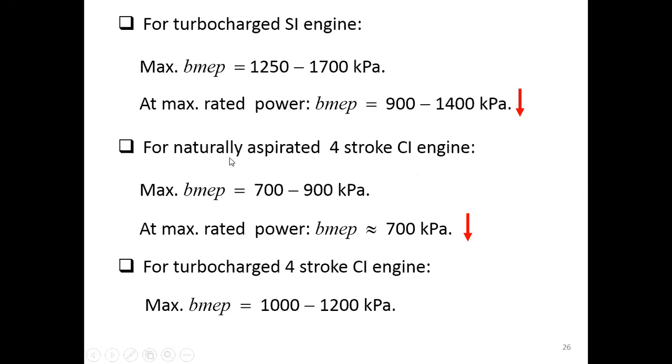For naturally aspirated 4-stroke CI engine, the maximum brake mean effective pressure will be about 700 to 900 kPa, and at maximum rated power about 700 kPa. For turbocharged 4-stroke CI engine, the maximum will go higher, to 1000 to 1200 kPa, compared with the naturally aspirated 4-stroke here.